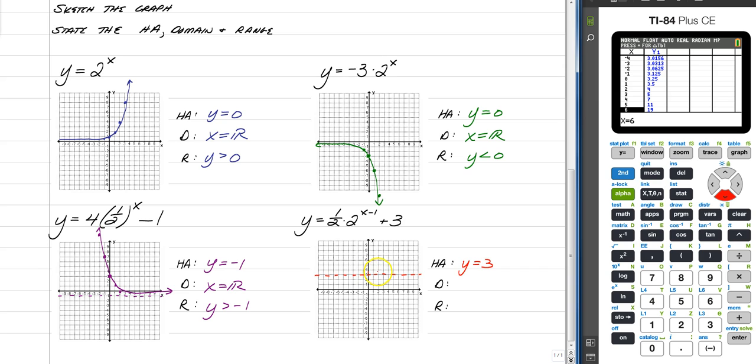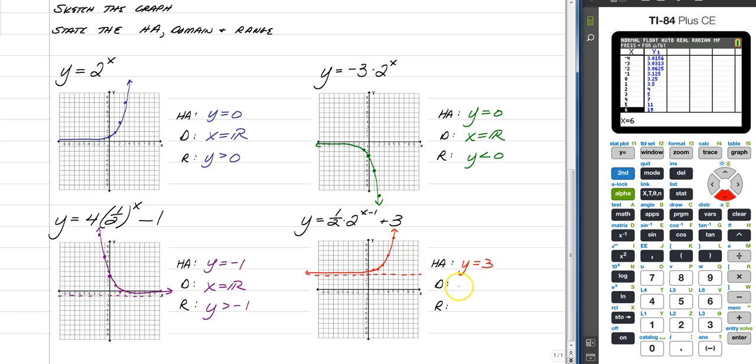At 1, we're at, I'm sorry, at 1 we were at 3.5. At 2, we're at 4. And then at 3, we're at 5. 4, we're at 7. And then at 5, we're going off the chart. So we're just going to graph.